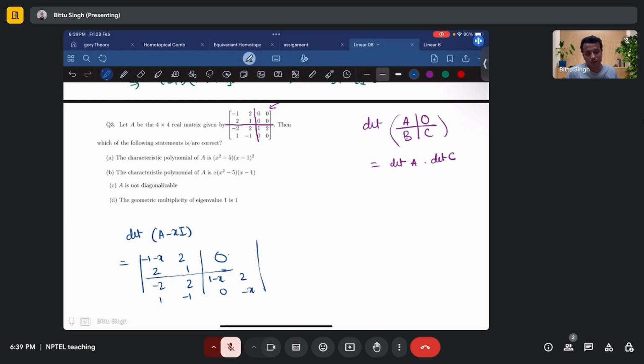So this is actually a 2 by 2 zero matrix. Now the determinant of this is the same as the determinant of the first block times the determinant of 1 minus x, 2, 0, minus x.